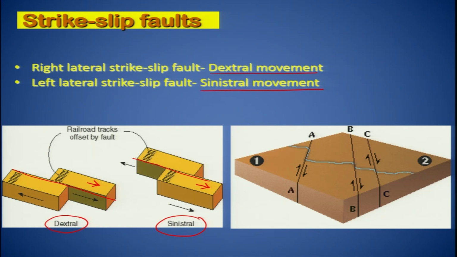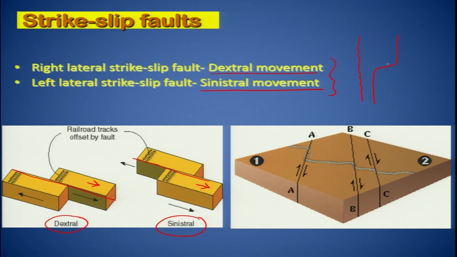Of course, the strike slip remains the same, but you will have either sinistral movement or dextral movement, and the landforms which exist on the surface will also get deformed and modified depending on the type of movement. So, for example, if you put in a stream here, which is flowing straight, and now you have a stream like this getting bent here and then flowing.